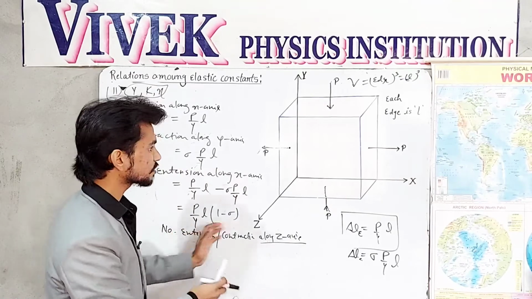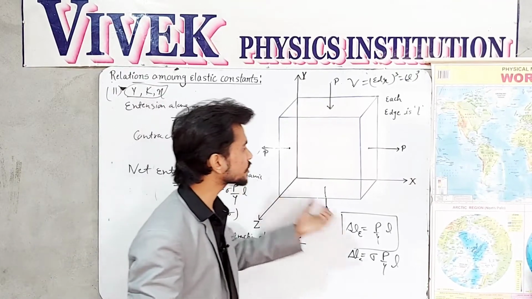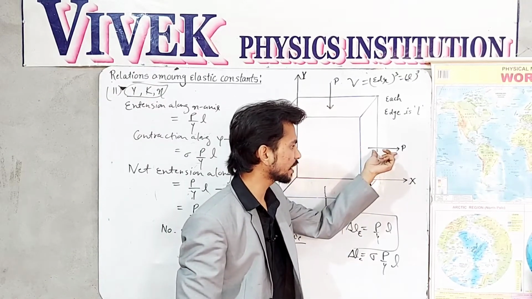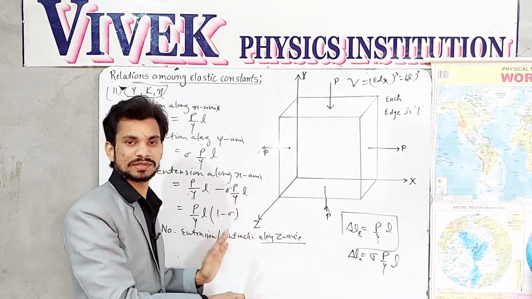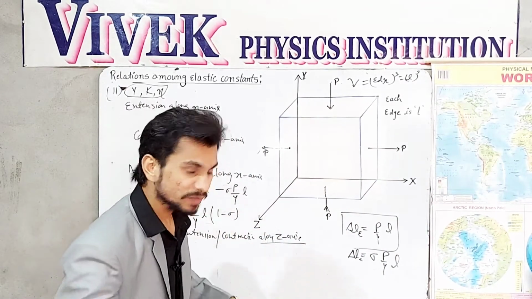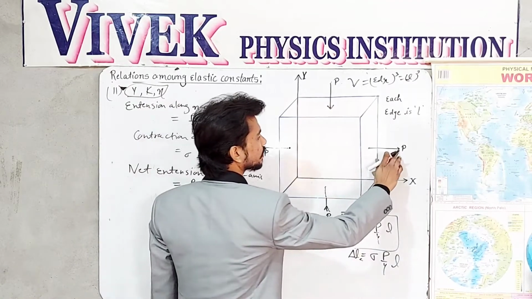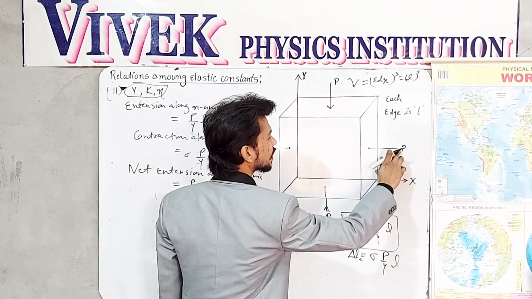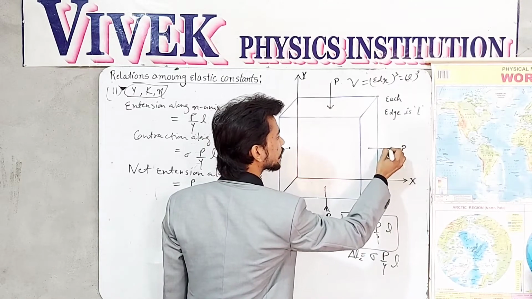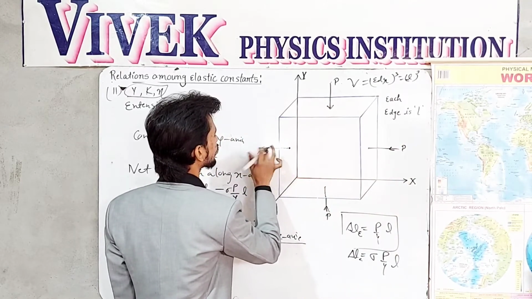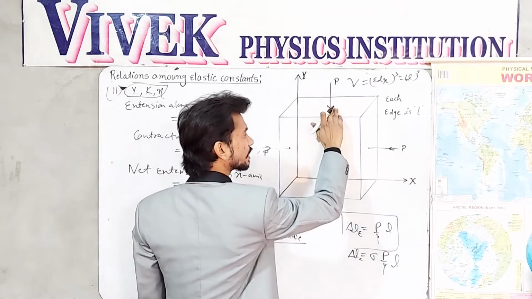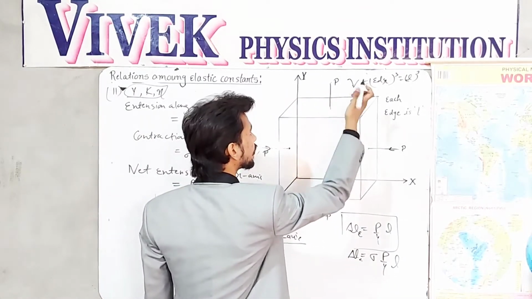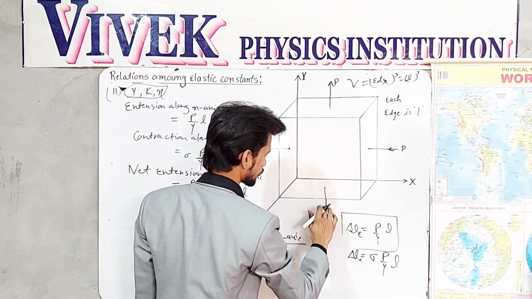Now this is the case when I have taken the normal stress along the x-axis in this way according to these two vectors. Now just reverse the process. What I mean by reversing the process: now take the normal stress along the x-axis in this way, a contraction, and an extension normal stress along the y-axis.